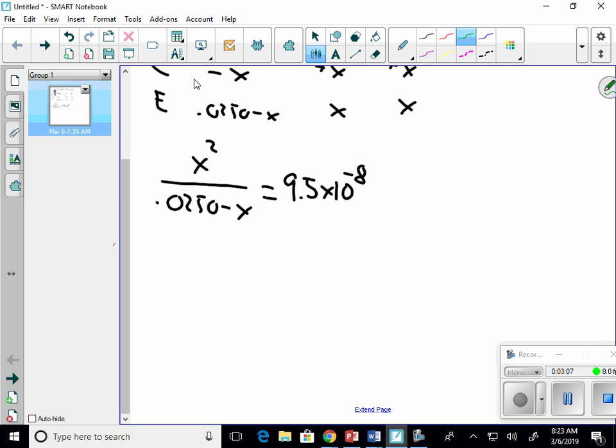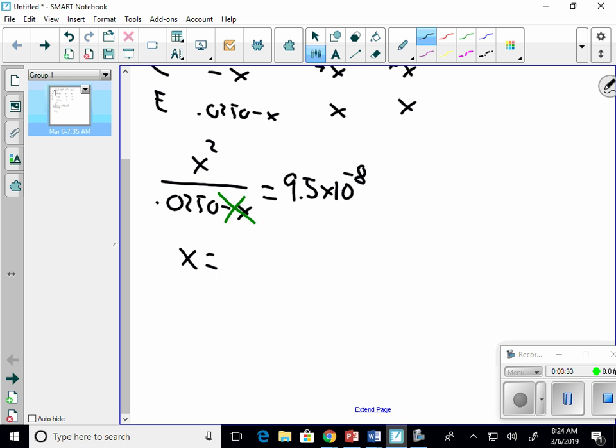Remember, the good news with this problem is that the molarity is significantly different than the K value, so we can get rid of the minus x to simplify this. And again, we can go over all the simplification math if you choose to. Multiply both sides by 0.0250, take the square root of both sides.